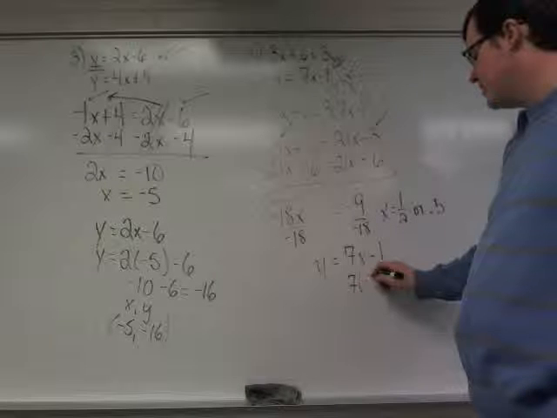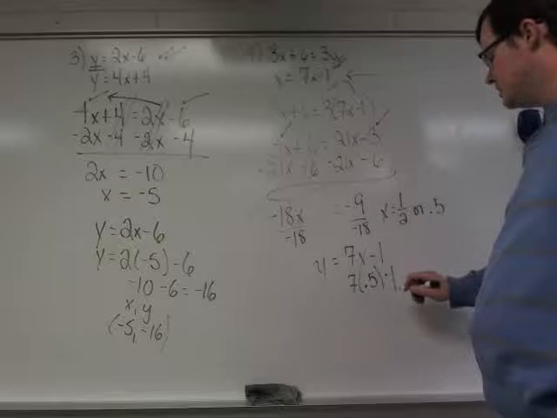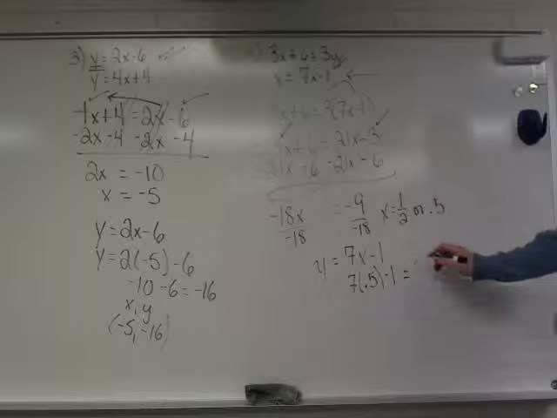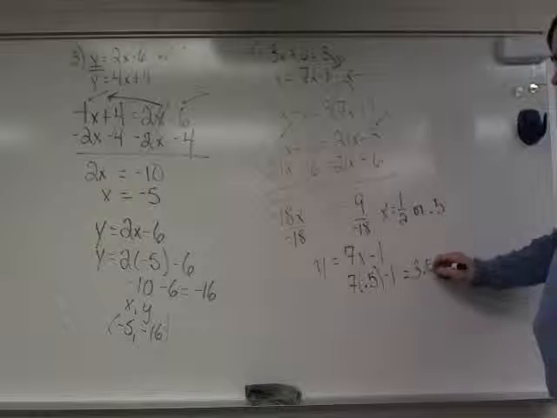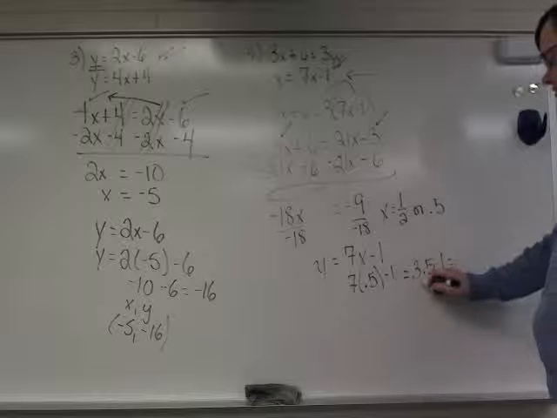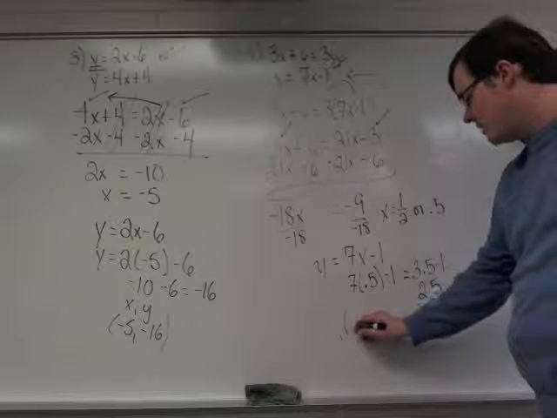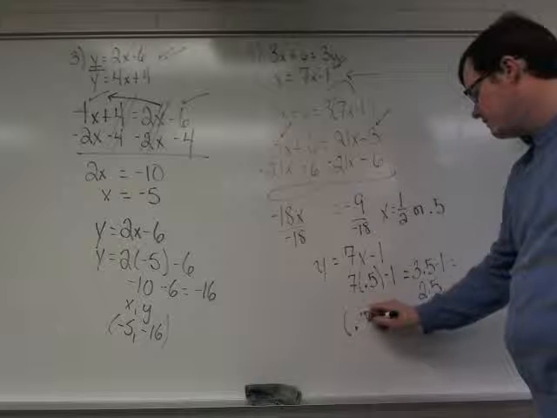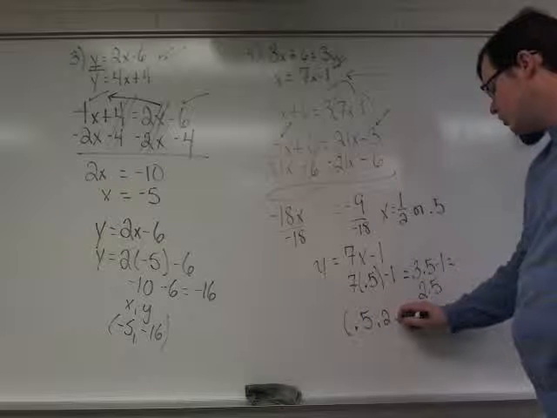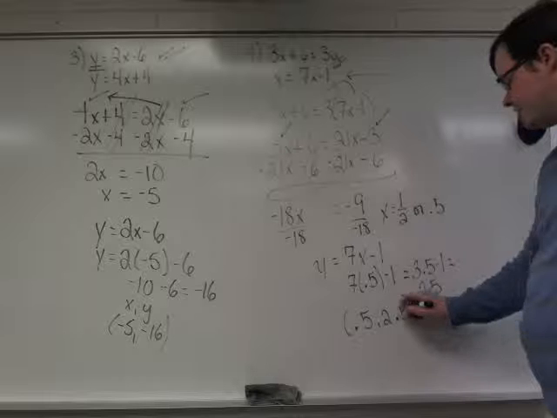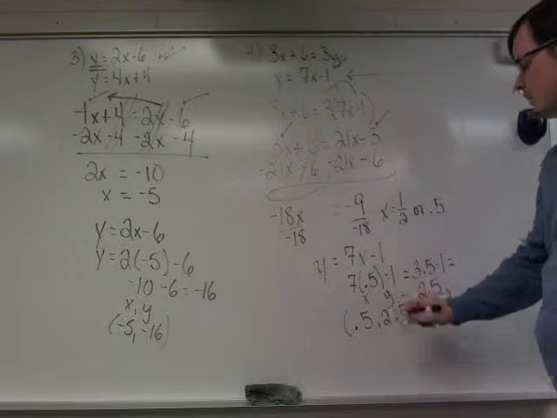So I've got 7 times 0.5 minus 1 is what y is. Half of 7 is 3.5. 3.5 minus 1 is 2.5. So to find my solution x comma y, it's 0.5 comma 2.5. Again, x value first, y value second.